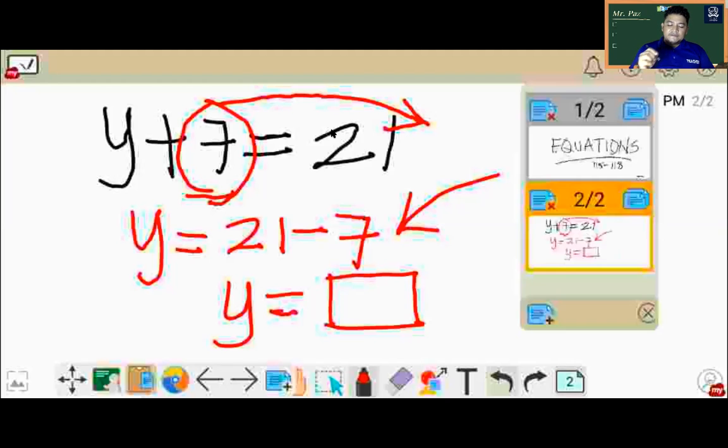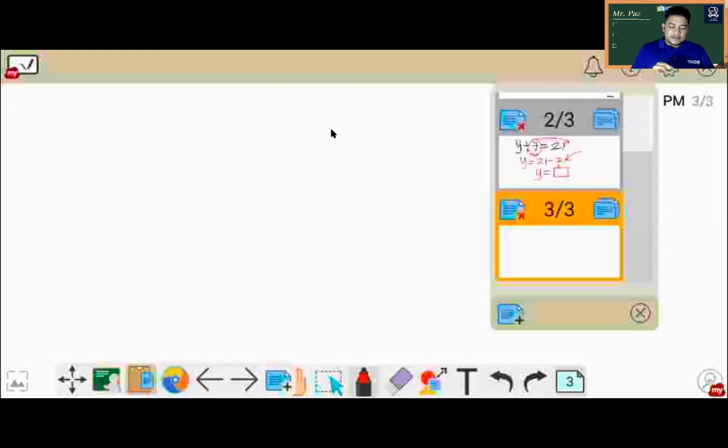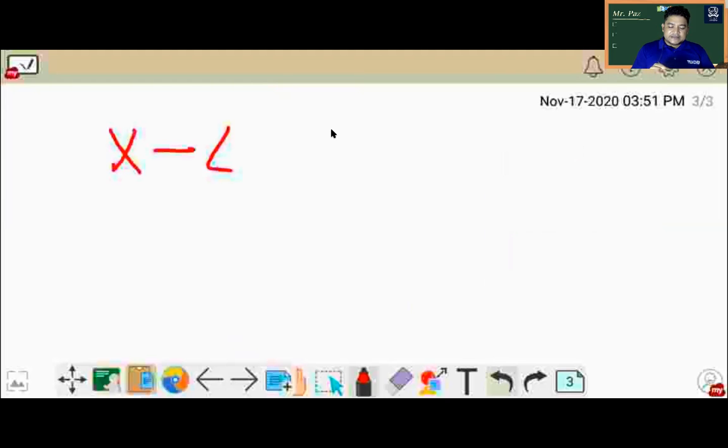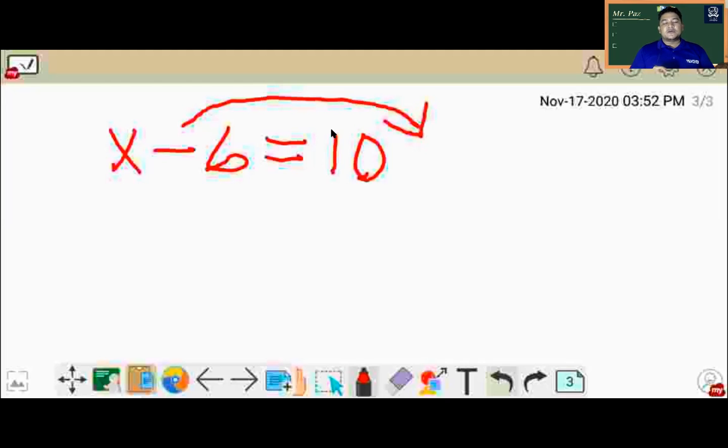What happens if the number is subtracting? For example, x minus 6 equals 10. If I'm subtracting 6, I need to put it on the other side of the equation, adding. I use the inverse operation, the opposite operation.